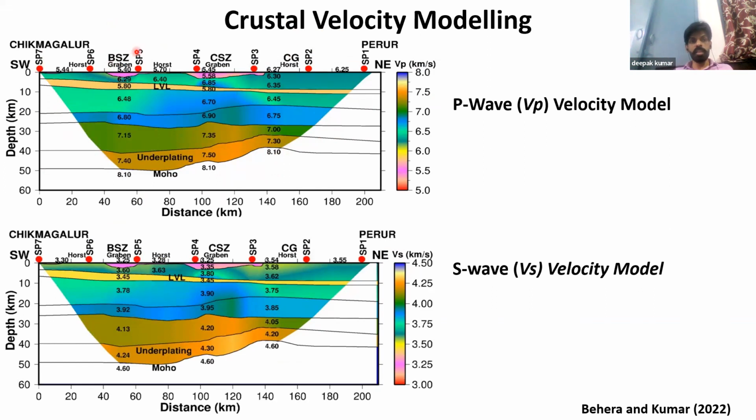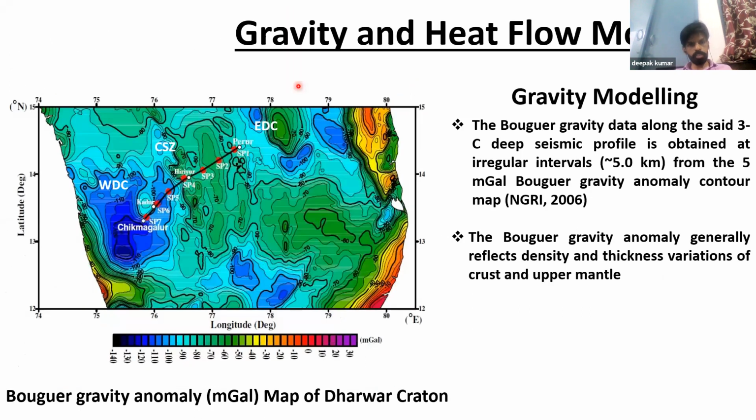That means the gravity anomaly should be higher in this and lower in this, but it is just the opposite. So how should we explain that? And one more thing, while computing this Vp, I'll come to that later.